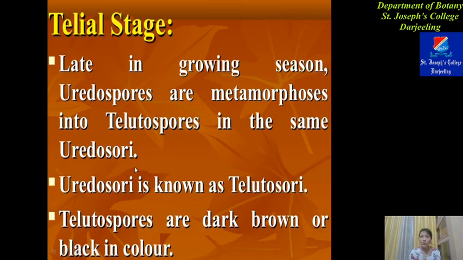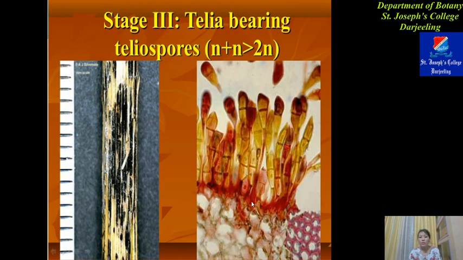After the urediospores, another type of spore is the teliospore stage. Late in the growing season, the urediospores are replaced by another kind of spore, known as teliospores, in the same sorus. These teliospores are also N plus N, dikaryotic, but two-celled. They are more or less black in color.